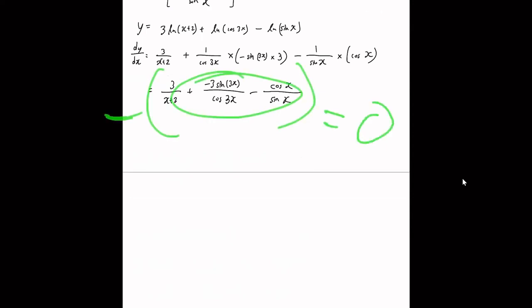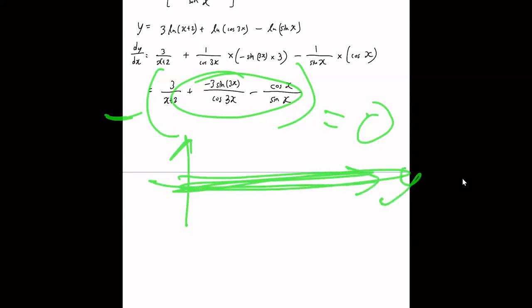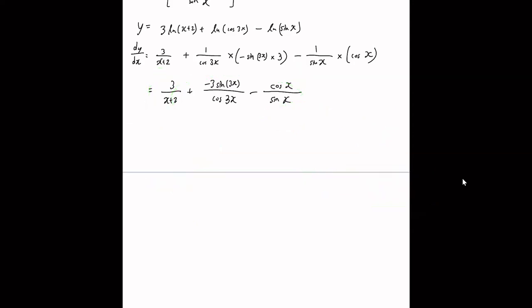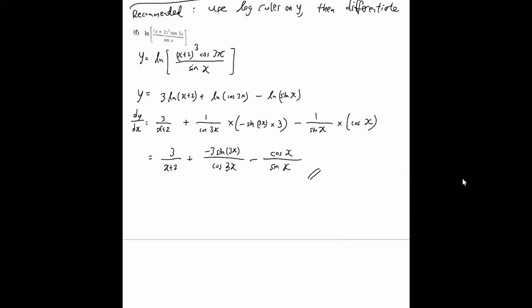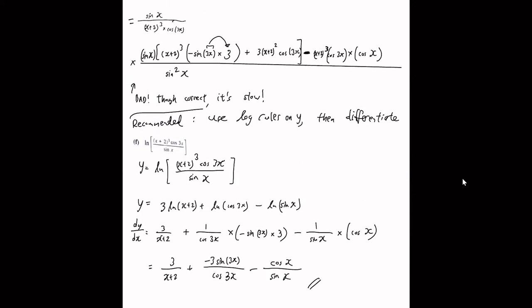If you draw the graph and you get the x-axis, then you are confirmed correct. You subtract them and you get 0, it means that for all x values, those two expressions are equal. Okay, but I'm pretty sure this answer is correct. I am not going to check on Desmos. All right.